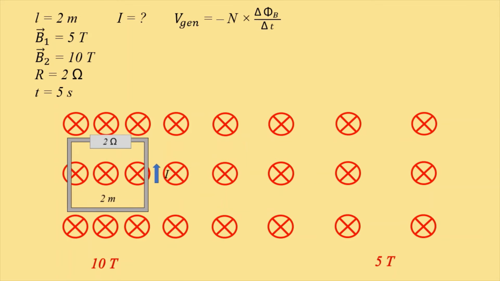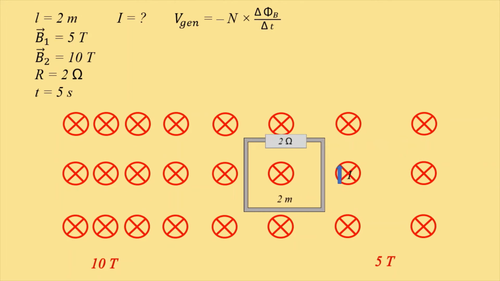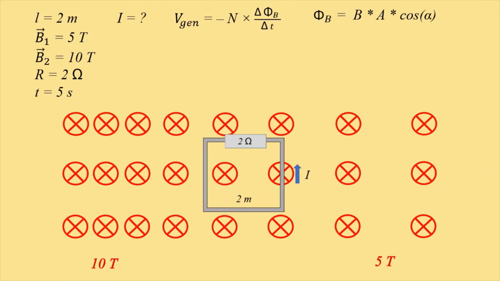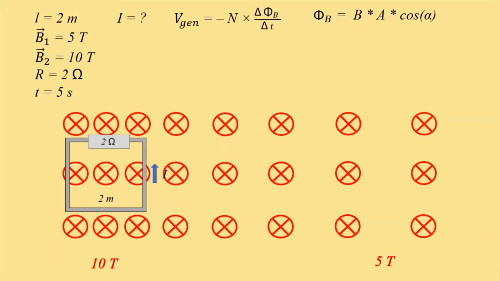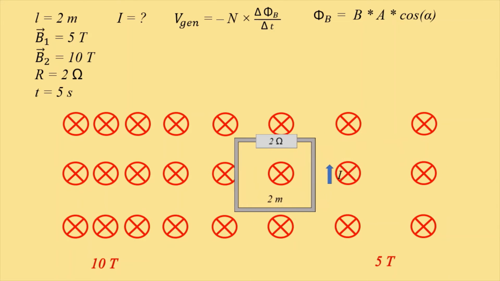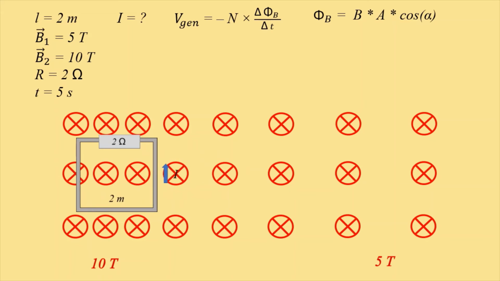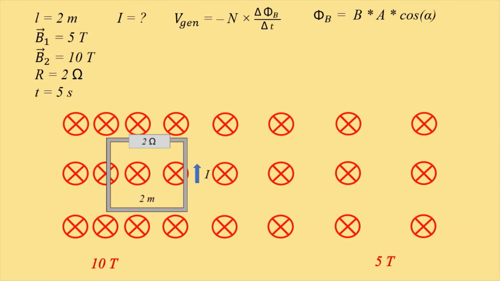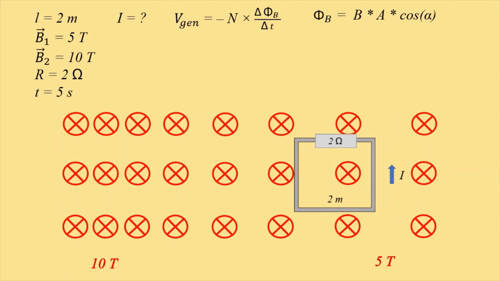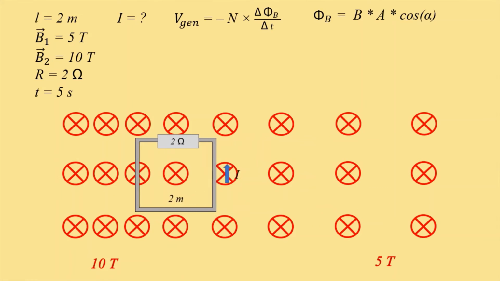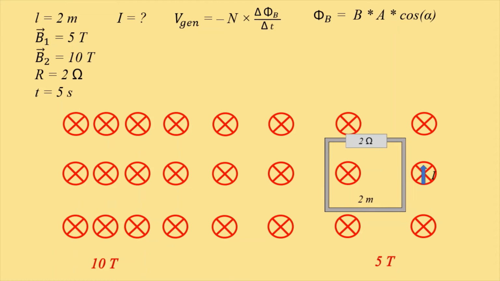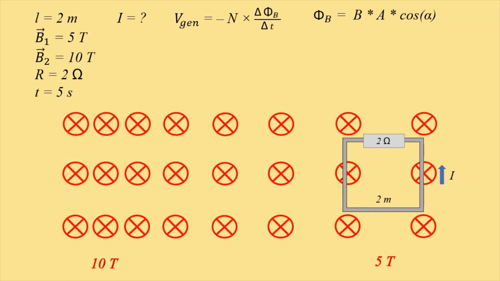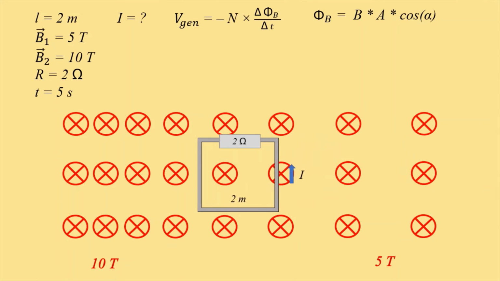So this is the equation for calculating the magnetic flux at one time. We will need to do this twice, once at the start with the 5 teslas, and once at the end with the 10 teslas, and then we will take the difference between these two, and then we can put it into the equation for the voltage.